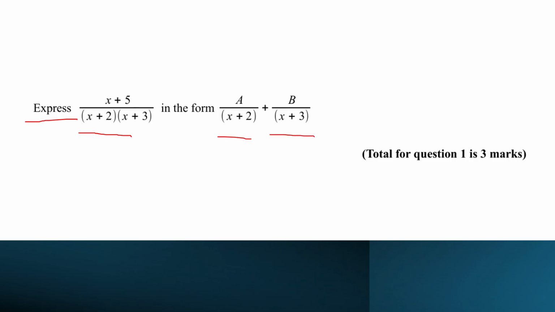So here we are given this algebraic fraction, and we obviously want to split it up into two separate fractions, involving a over (x + 2) plus b over (x + 3).